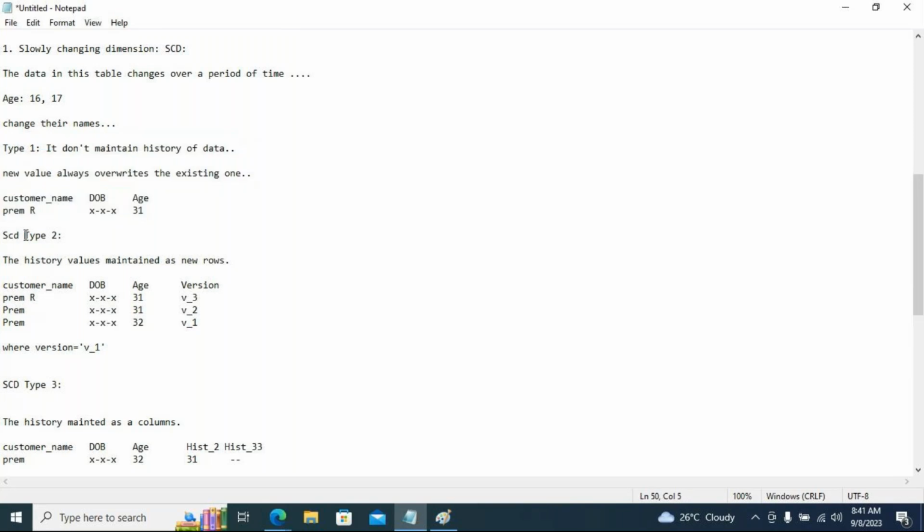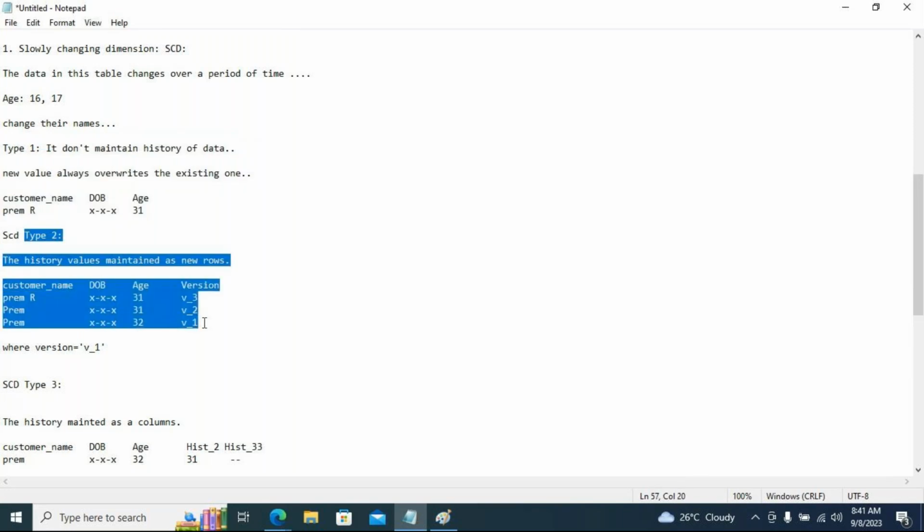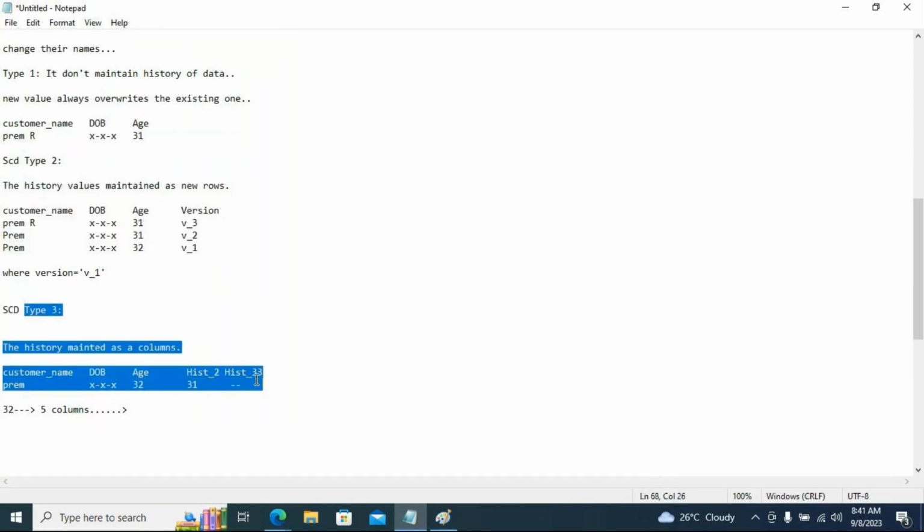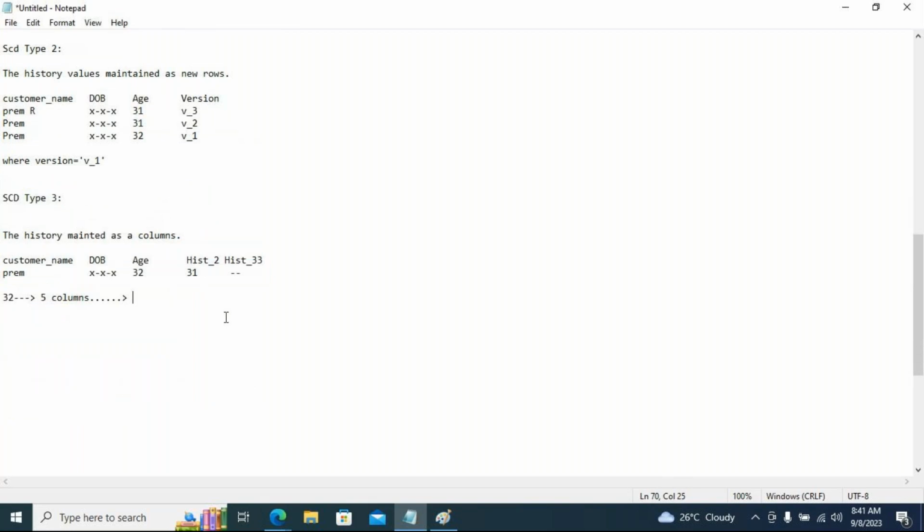In the type 2, there is a history maintained as a new record. Come to the type 3, history maintained as a new column. Got it? So like the way we have a slowly changing dimension, there are n number of types in the SCD, but we don't want that.